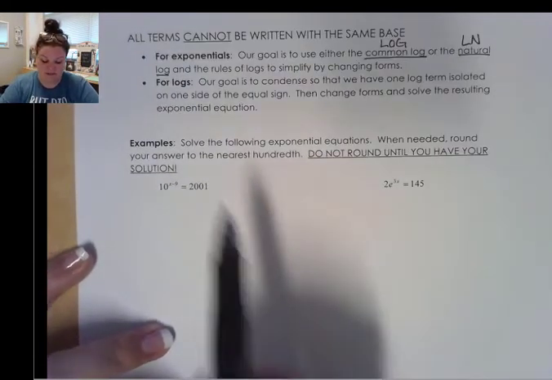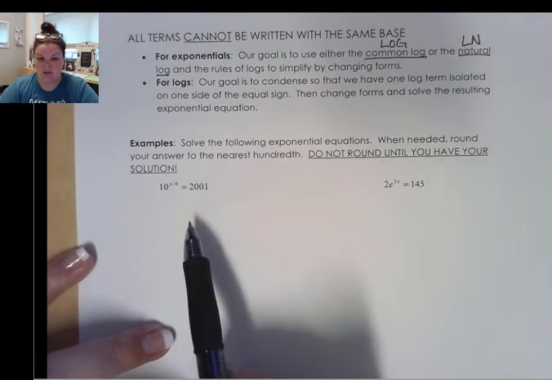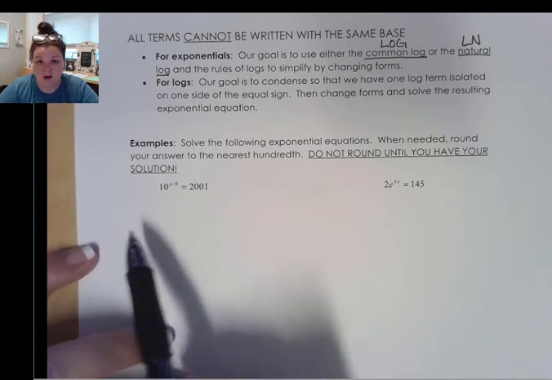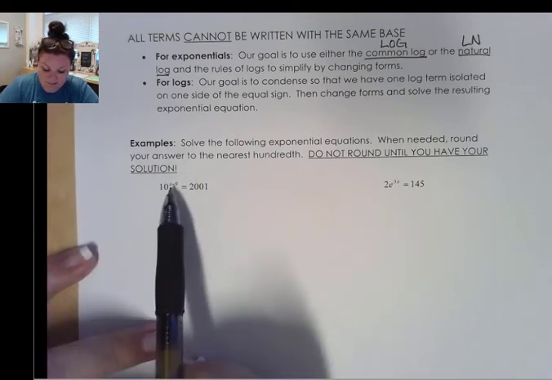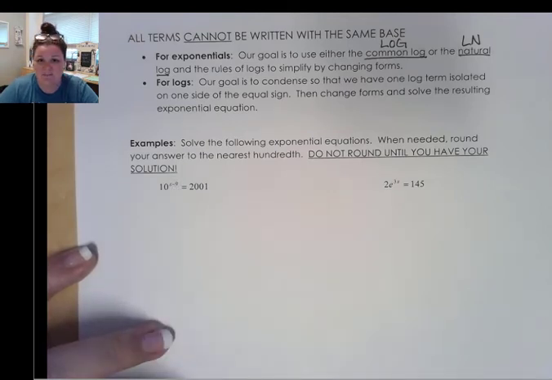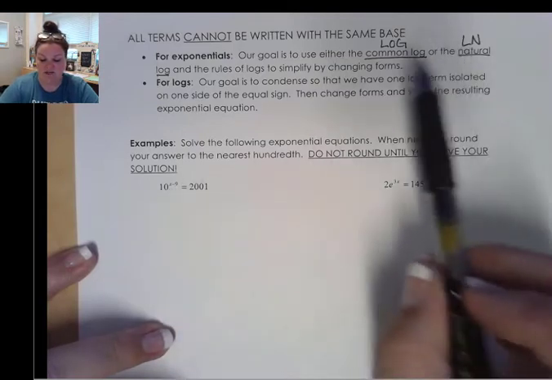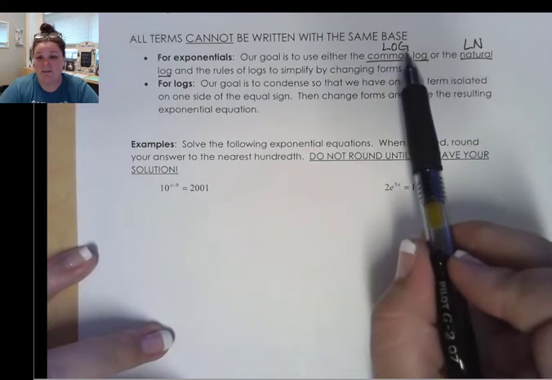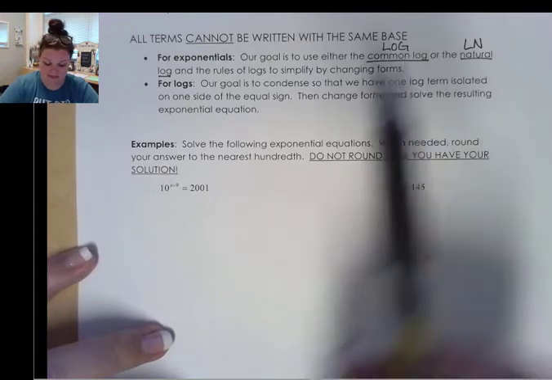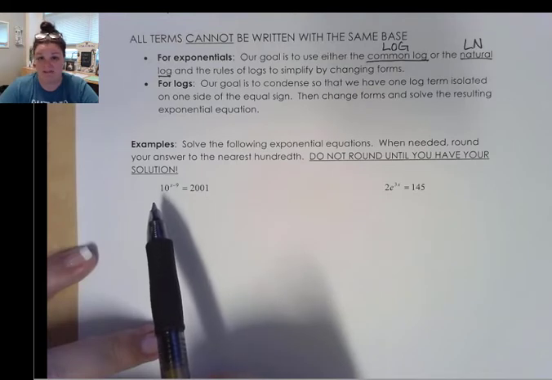So the first exponential, I clearly can't write this as 10 to some power and this as 10 to some power. So what I want to do is put a log on these terms, because if I can put a log on this term, then I can bring that unknown out of the exponent. Looking at the two bases I have here, and trying to determine if I should use my common log or my natural log, I'm going to use my common log for this one because it has an exponential base 10, and a common log is base 10.